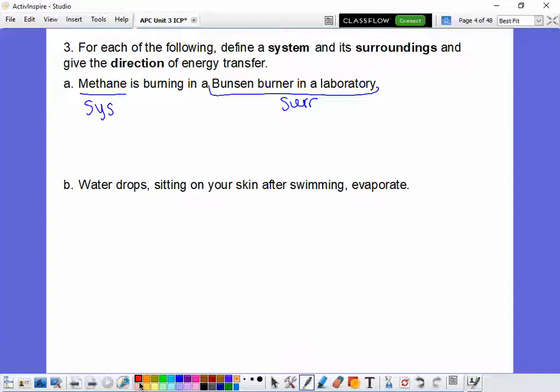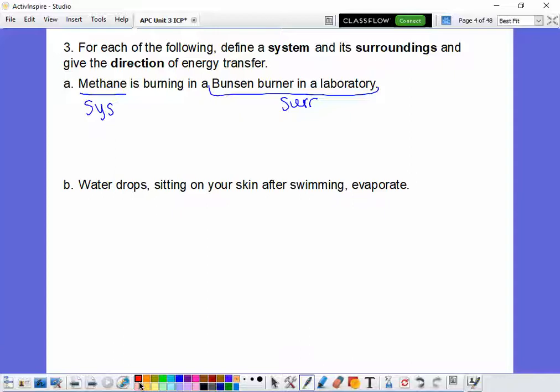There is. Only because what type of reaction occurs here? Combustion. This is a combustion reaction. Combustion reactions are extremely exothermic. They give off a lot of heat. Okay, so it is true that initially the Bunsen burner puts energy into the methane. Okay, but once that methane starts burning, it releases a lot of energy.